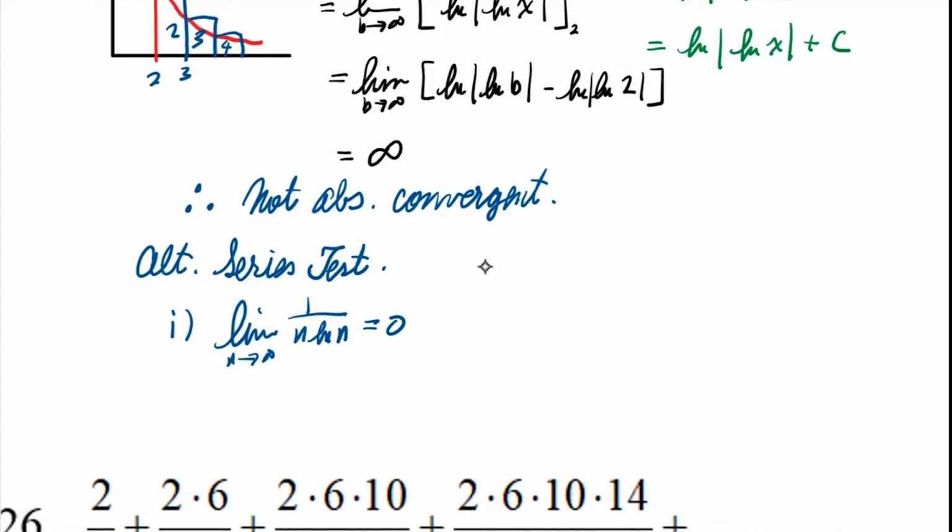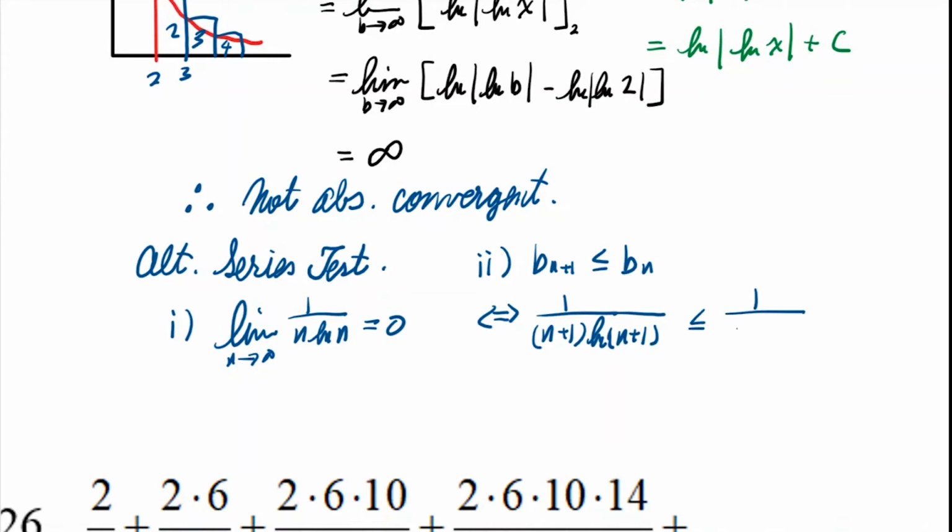Number 2, it needs to be strictly less than the previous one, strictly decreasing, and you do have to write the symbol. That thingy has to be strictly less than 1 over n ln n.